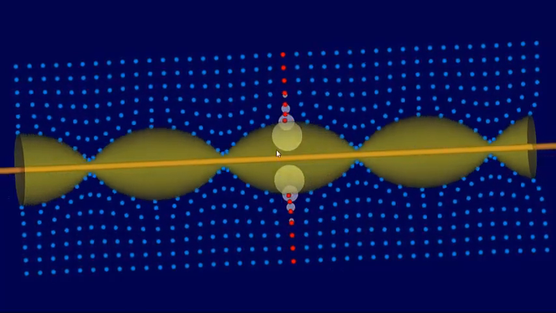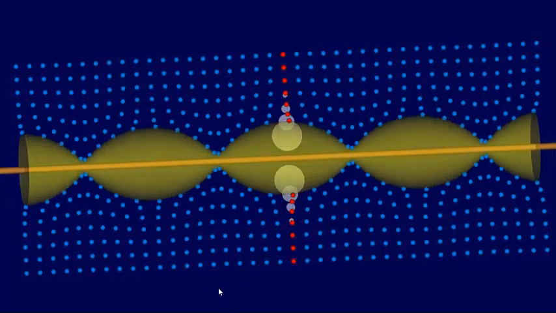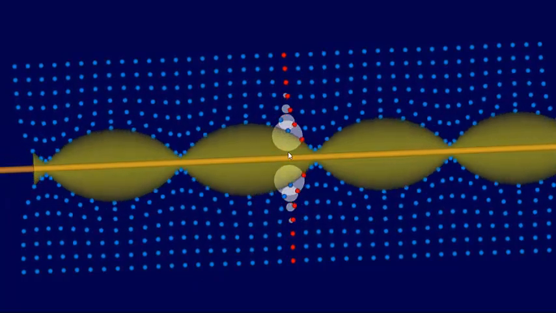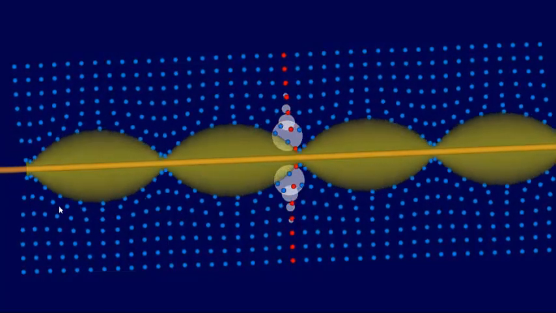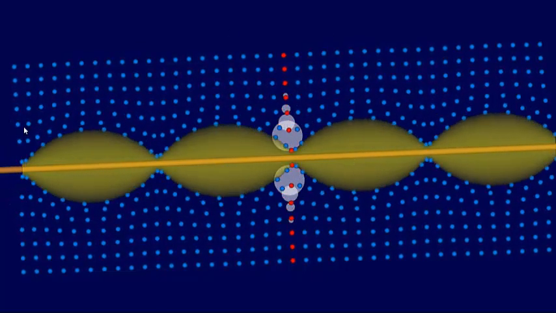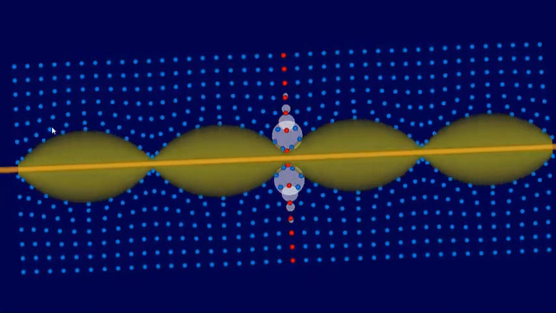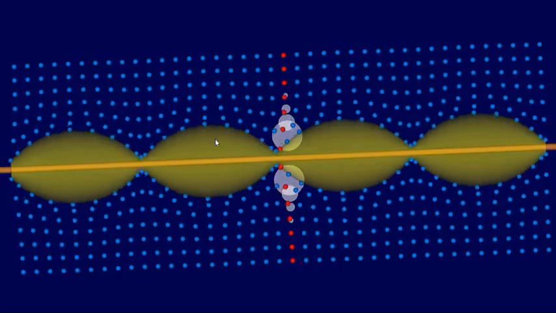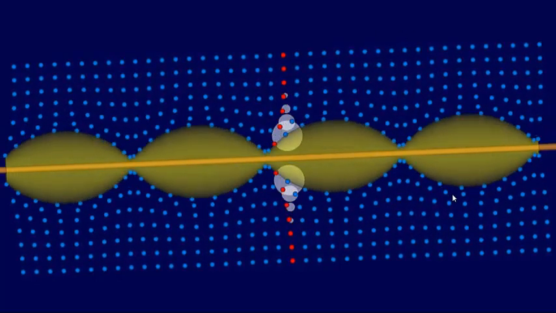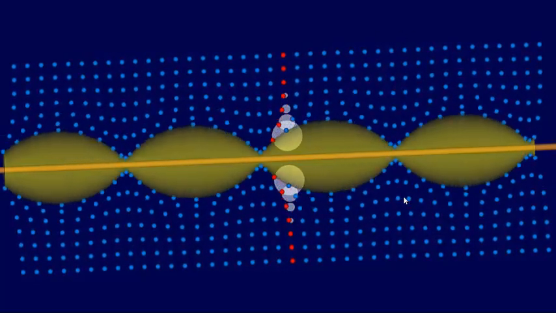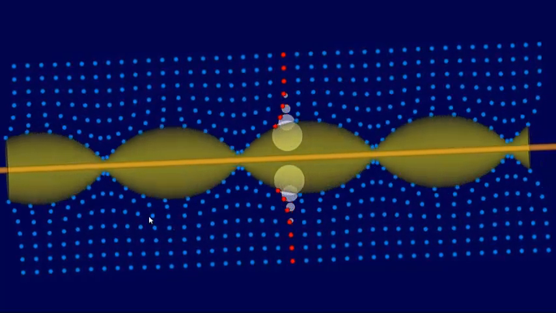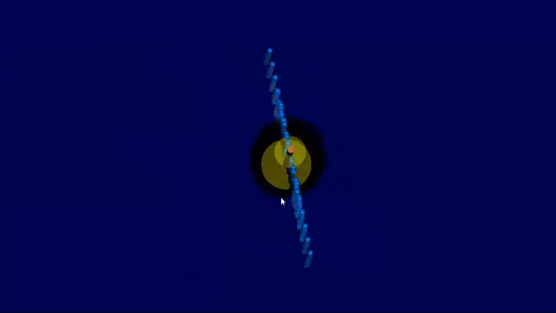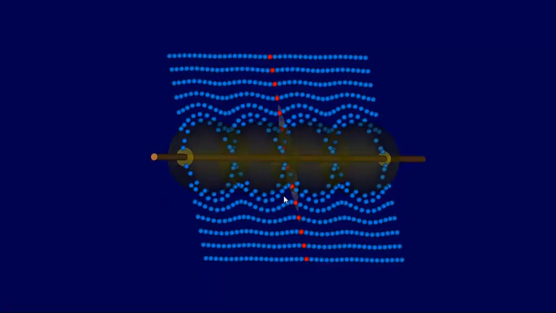And I'm going to set that up and show you what that looks like, but every cross section is going to show you the same picture here. So that's why I'm only showing one cross section. If I showed more cross sections, it looks a little bit confusing, but I'm going to set that up and show you what that looks like, just to give you an idea that this is actually going on all the way around the wire, not just in one plane like that.